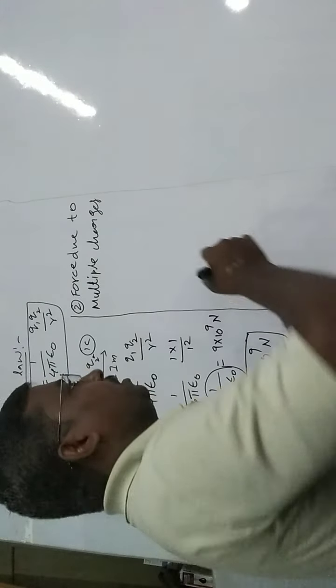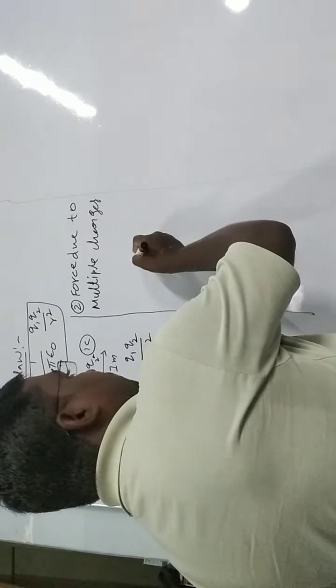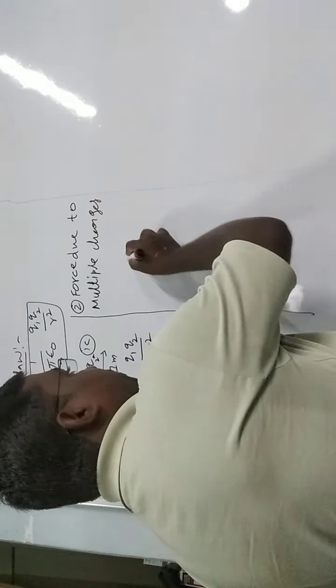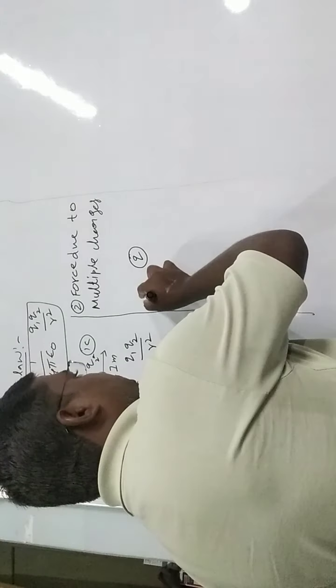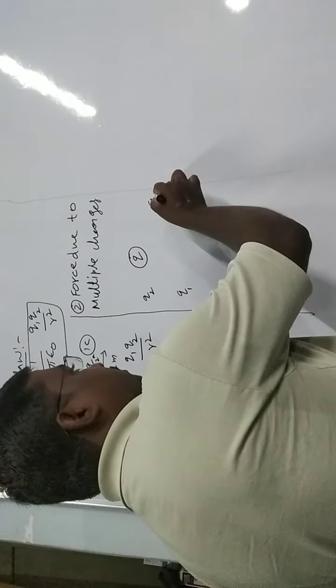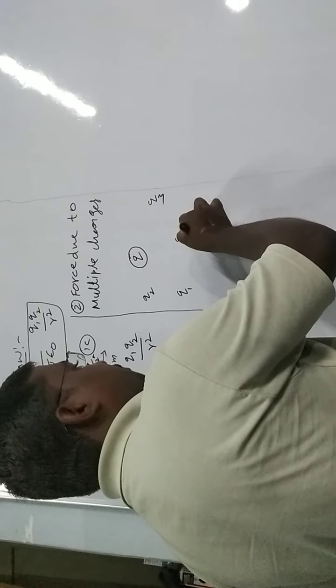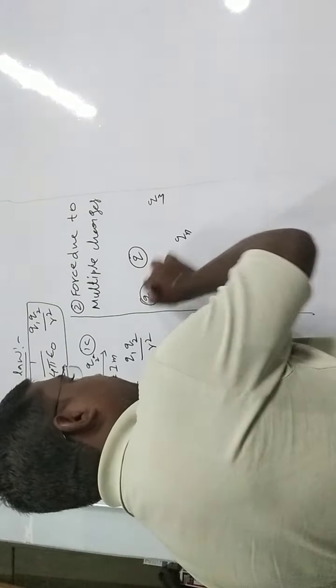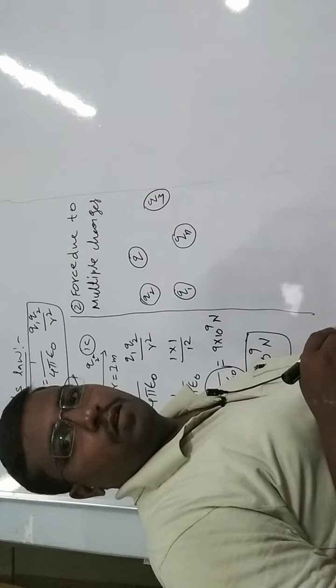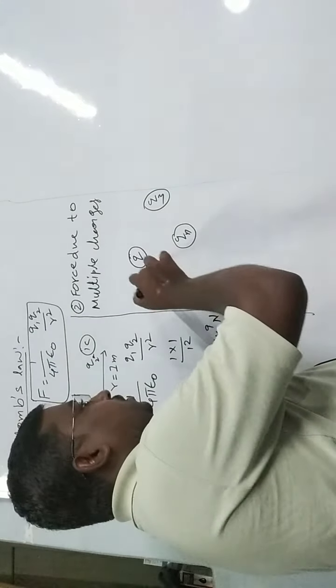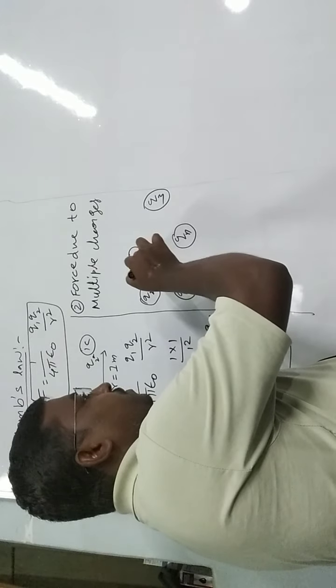Okay, students? Now, you see this one. This is a charge Q, and around it some charges are there, Q1 and Q2 and Q3 and so on up to Qn charges. So students, what is the force acting on this charge Q?